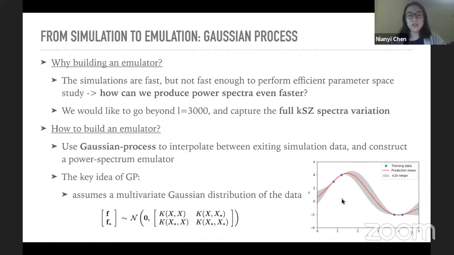The advantage is that at points where you don't have a lot of training data, it can capture the uncertainty by this distribution. So when you don't have enough data at a certain point in the parameter space, you will see a larger uncertainty in the outputs.